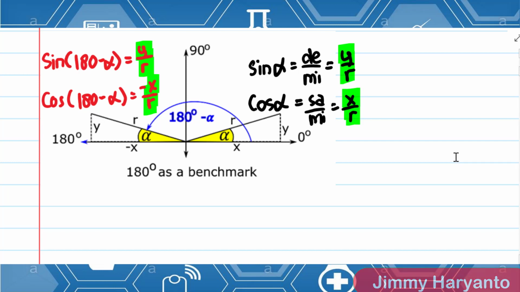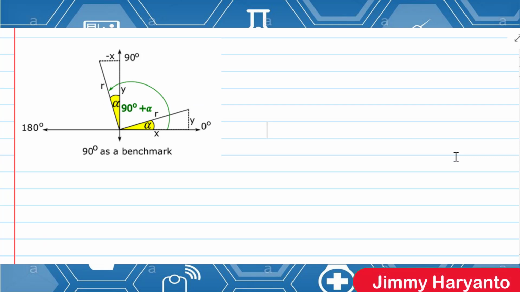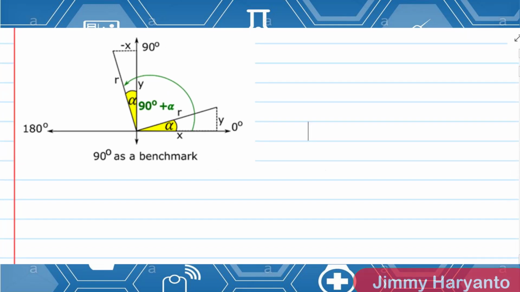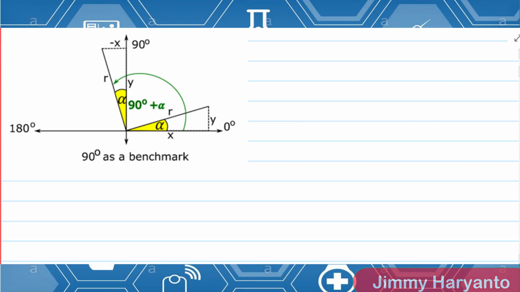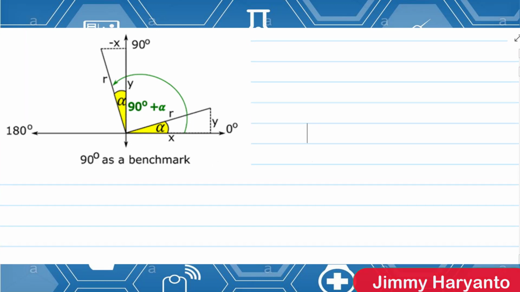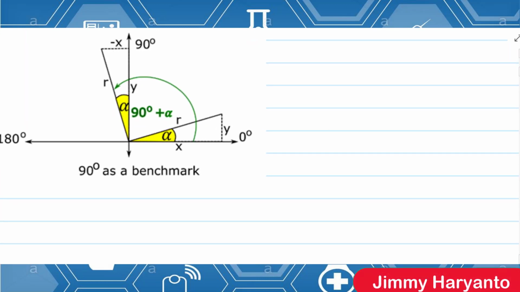Take a look at this. For 90 degree as a benchmark, we can say that for 90 degree plus alpha, the triangle will be like this. If I calculate for sine alpha in quadrant 1, it's already the same, y over r, and for cos alpha it will be x over r.